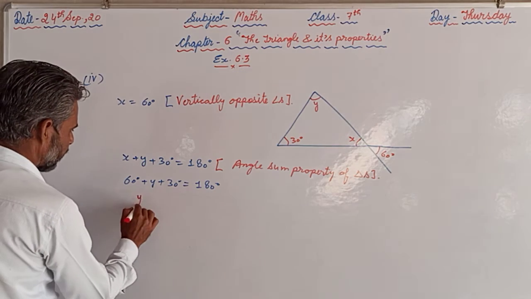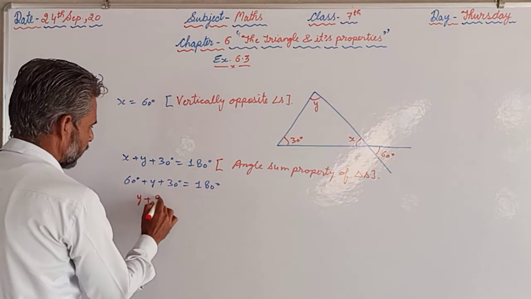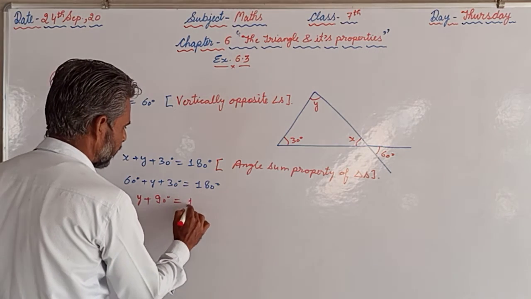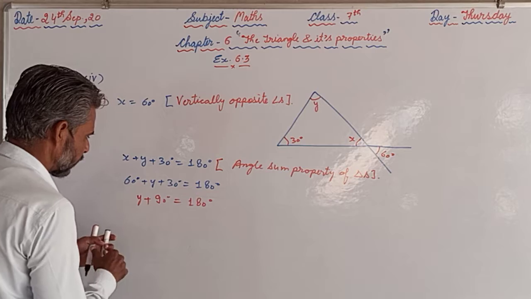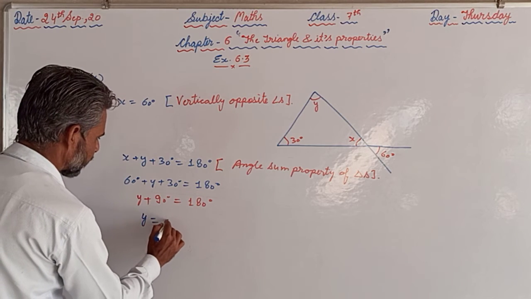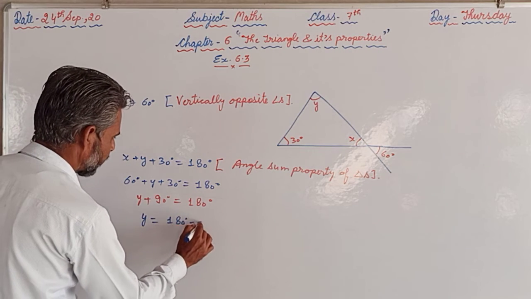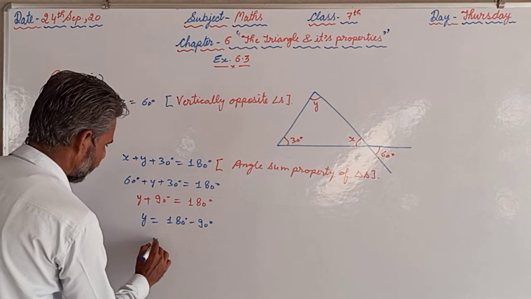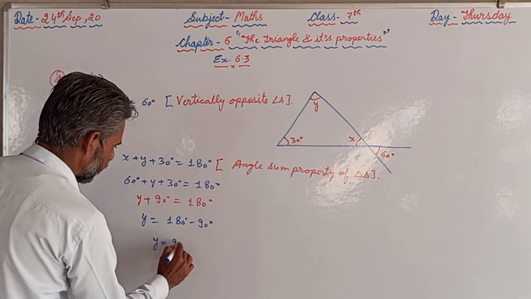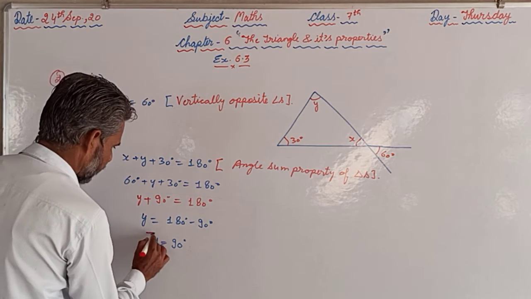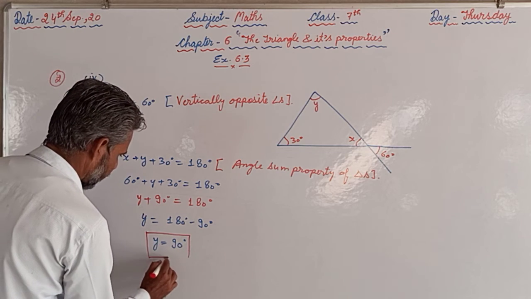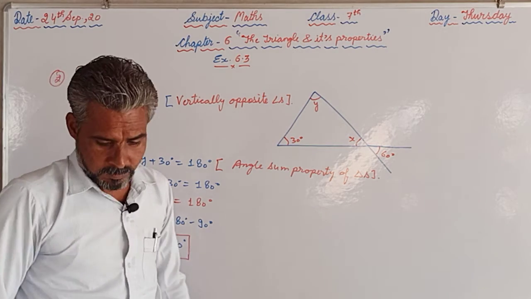Now this becomes y plus 60 plus 30, 90 degree is equals to 180 degrees. From here we got y is equals to 180 degree minus 90 degree, and y is equals to 90 degree is the answer.